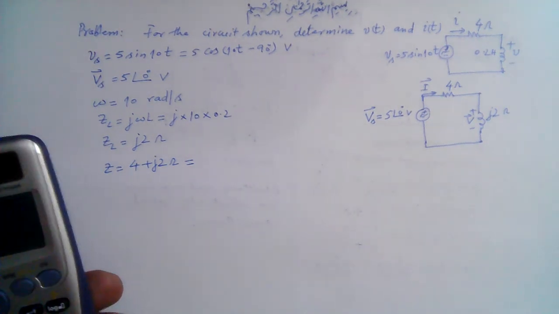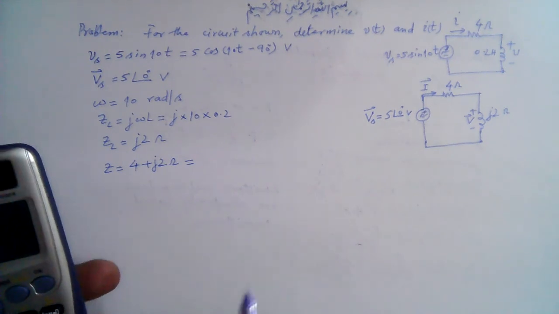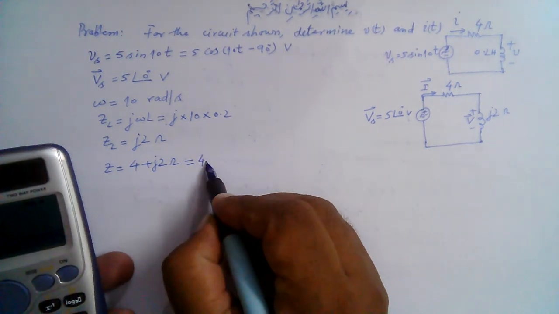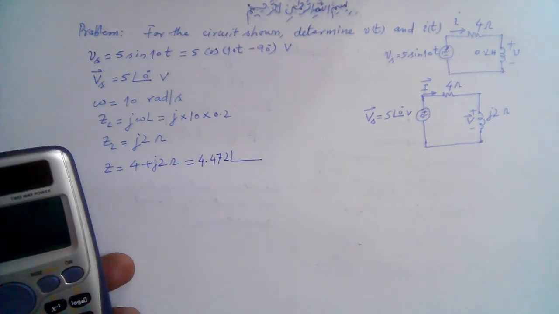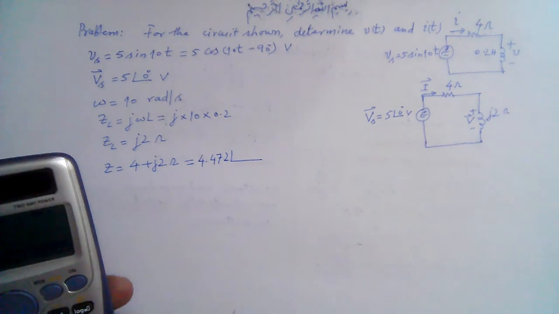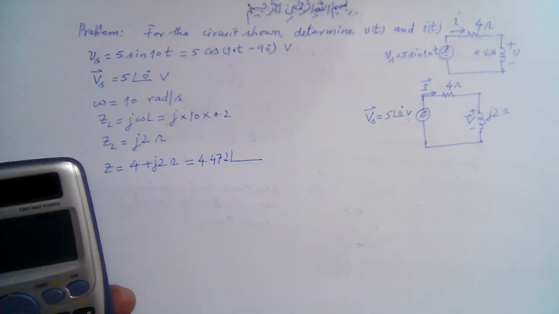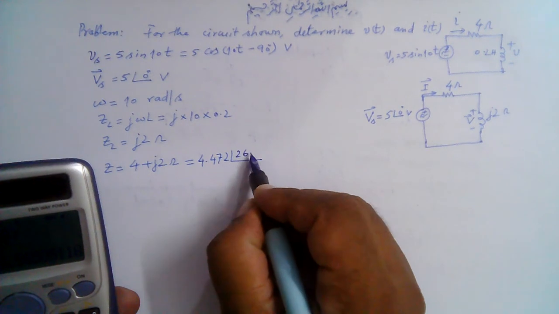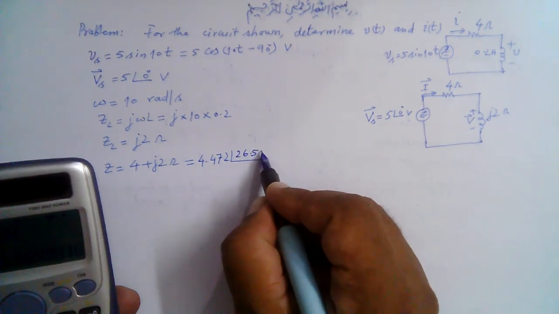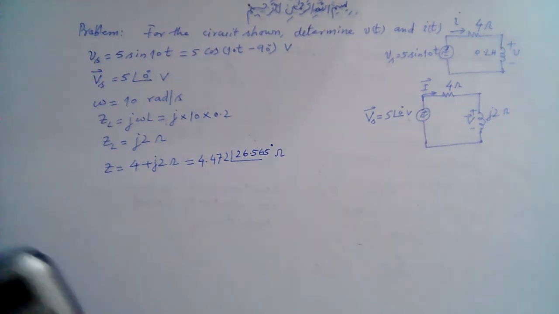So the square root of 20 gives us 4.472 angle tan inverse of 2 divided by 4, that is 1 over 2, that gives us 26.565 degrees, and this is in ohms.